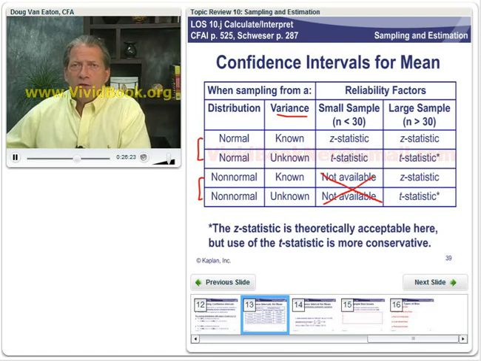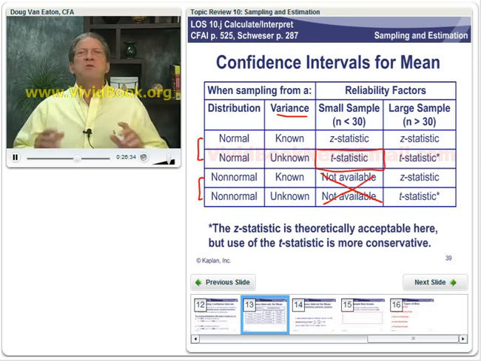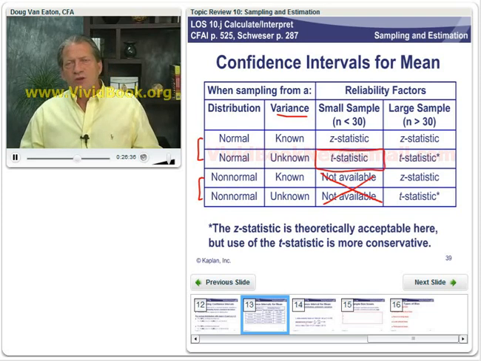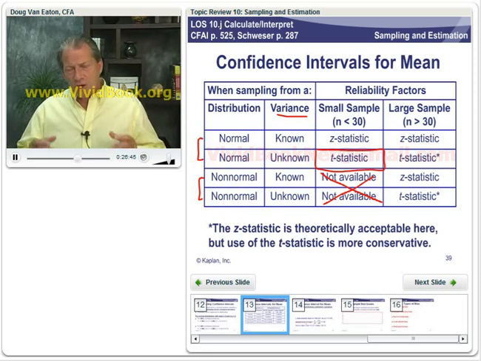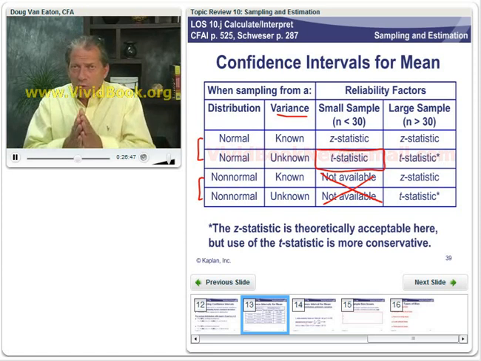Now, the other one we have to look at specifically is right here. The idea is if we know the variance, we can be more accurate. If we don't know the variance, what are we going to use instead? Well, we're going to estimate the variance from our sample. And if we're estimating it from our sample, we're not getting the true variance.